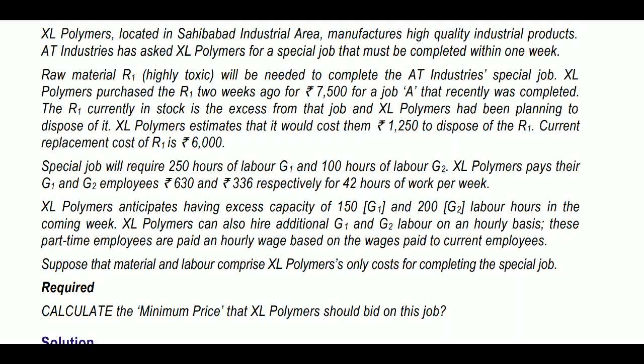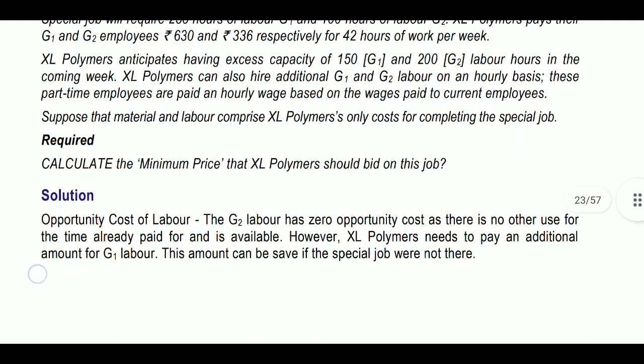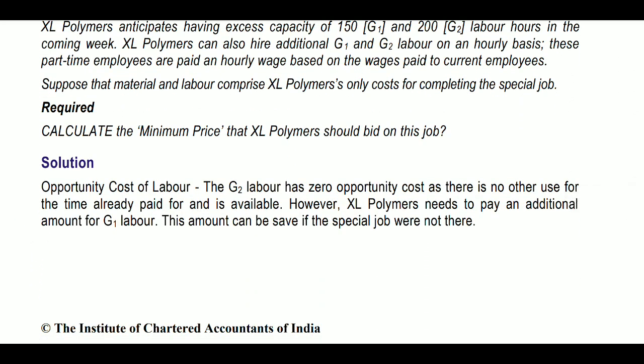So 630 divided by 42, multiplied by 100, gives us an amount. That is the opportunity cost we will get for this. Next, calculate the minimum price that Excel Polymers should bid for this job.